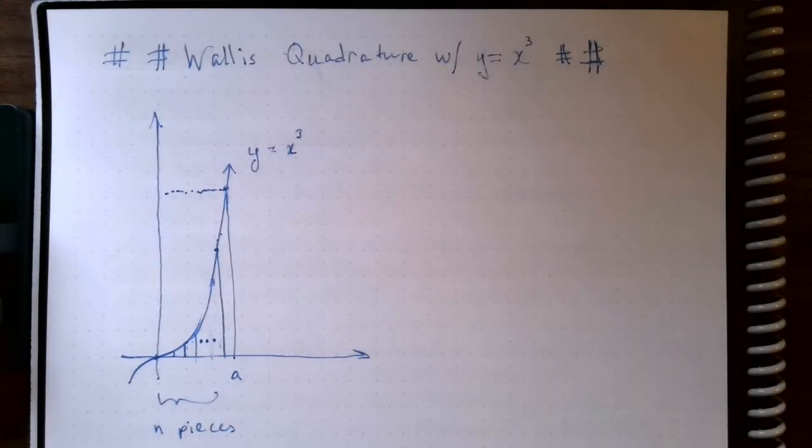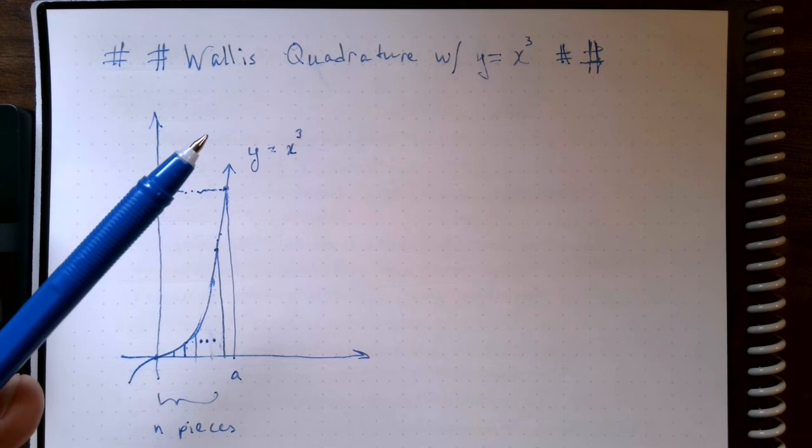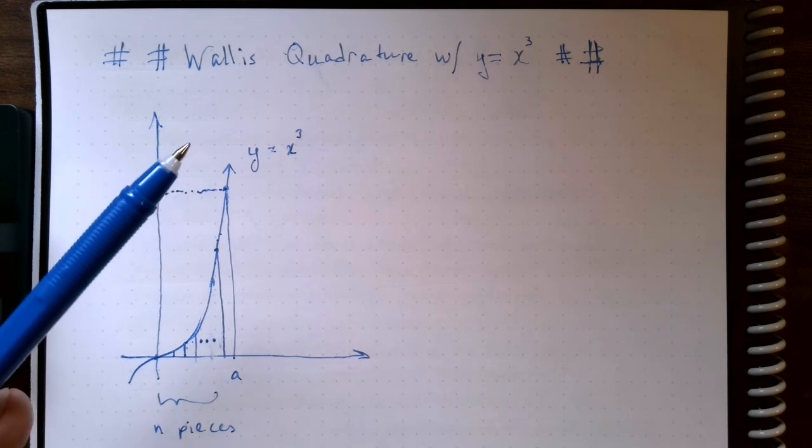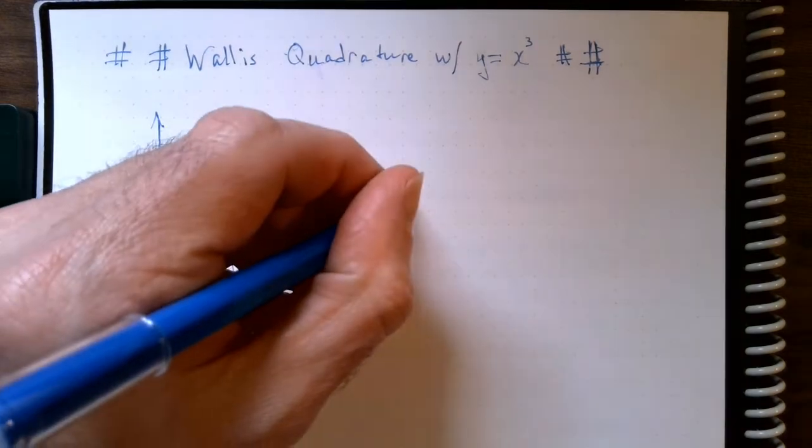So we are looking at a crude drawing of the graph y equals x cubed. Okay, so we're talking about Wallis's procedure for finding quadrature with this as our example. And you remember what Wallis would do.